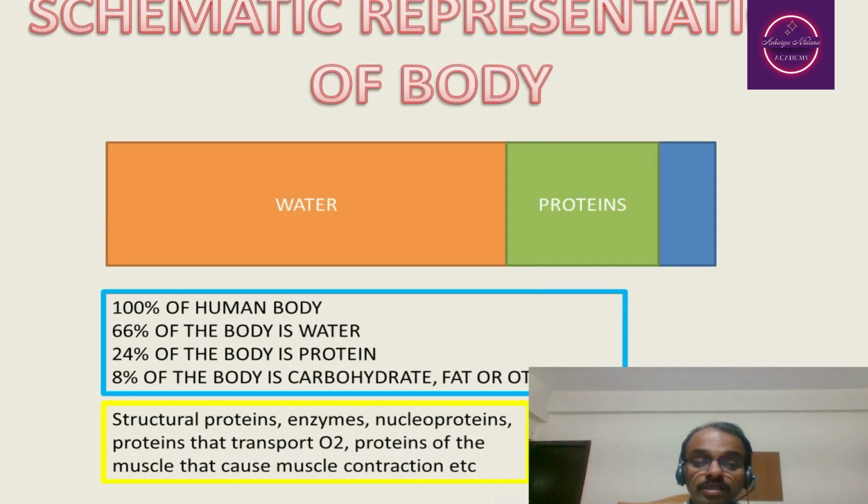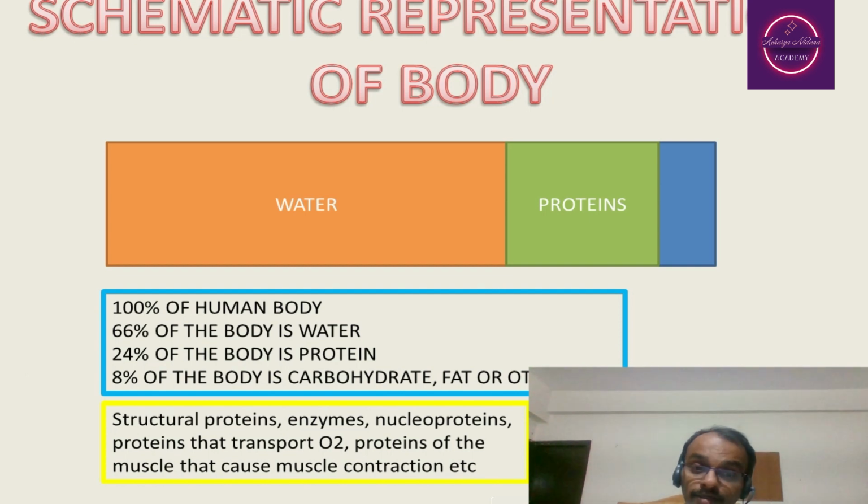First, regarding the composition of the human body. When you think of the human body, this is a schematic representation of it. Nearly around 66% of the human body consists of water. Among that, two-third is present inside the cells and one-third is present outside the cells.